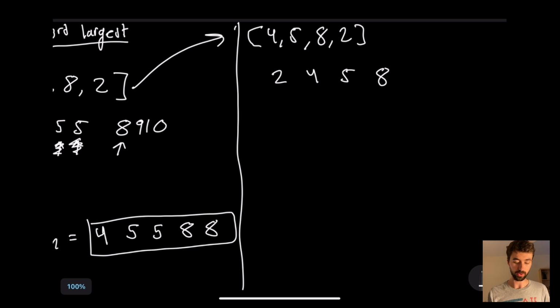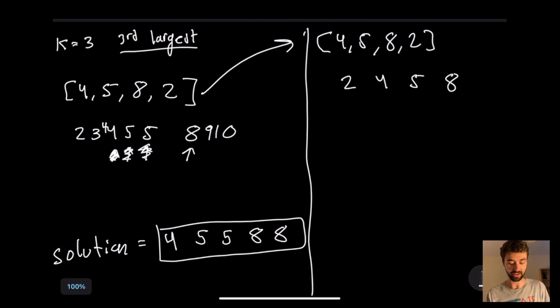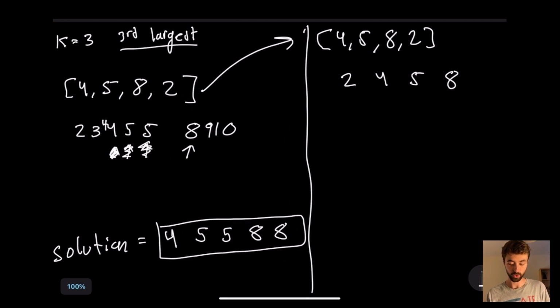One thing that we know is because the k value is 3, we only really need to worry about the 3 largest values we see in the stream at any one time. So what that means is we could just always keep the length of our stream as 3 and drop any other value.